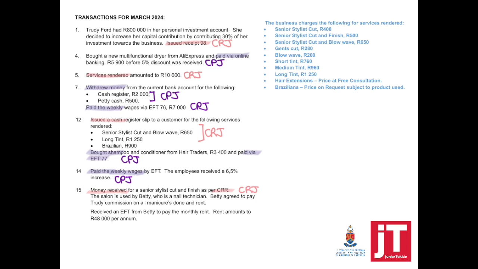The salon is also used by Betty, who is a nail technician. Betty agreed to pay Trudy commission on all the manicures done and rent. Received an EFT. So now the business received a payment which was made electronically into our bank account. That goes into your cash receipts journal.